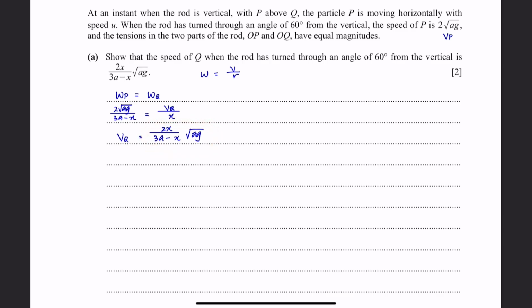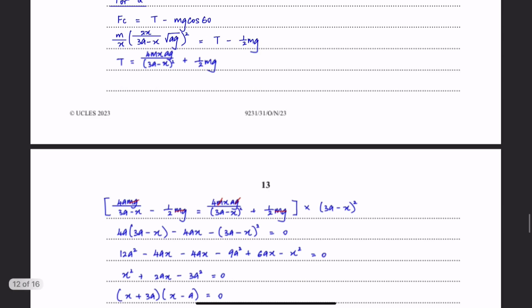So now we can standardize it to only a and g. So the speed of Q would be 2a over (3a minus a) times root ag. So this will be just root ag.